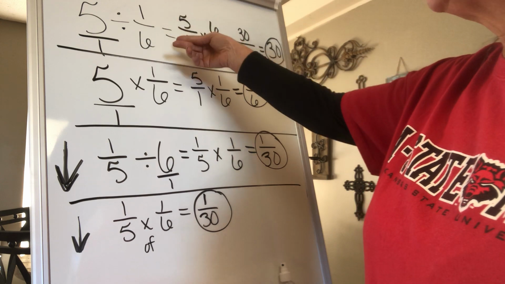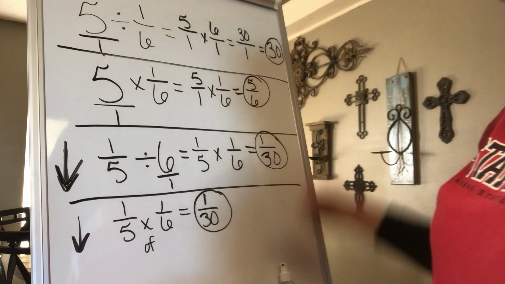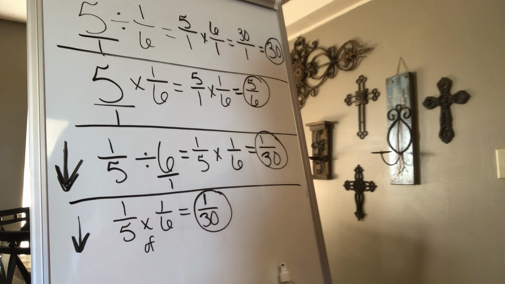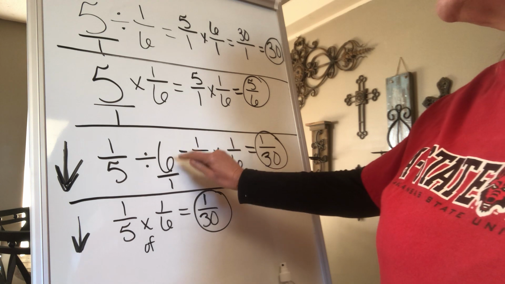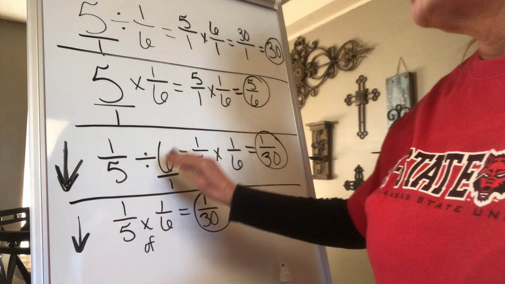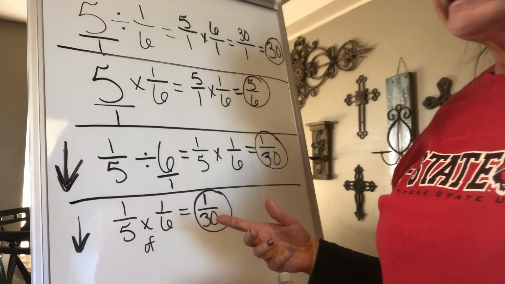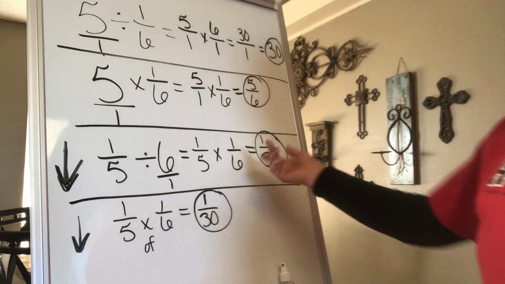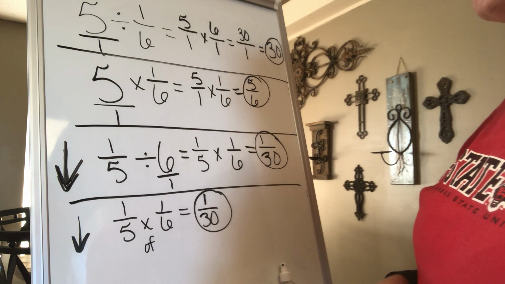Dividing by 1/6 is the same as multiplying by 6. And then if we think of dividing by a 6, dividing by a whole number, is that the same as multiplying times its flip, its reciprocal? Yeah, so we're starting to see the pattern between all of these.